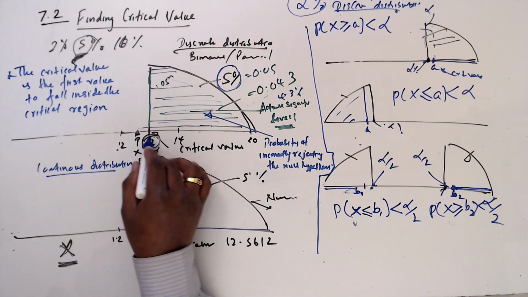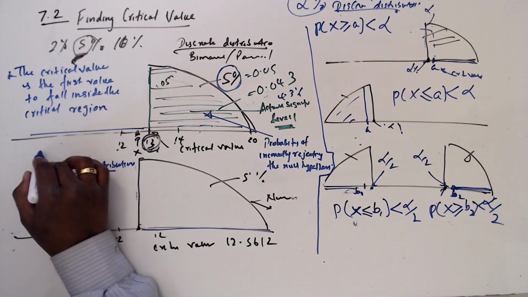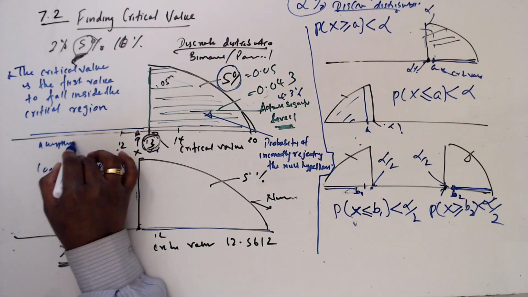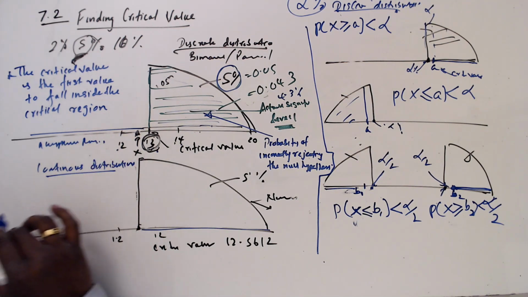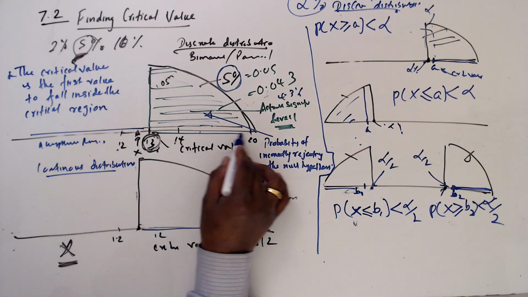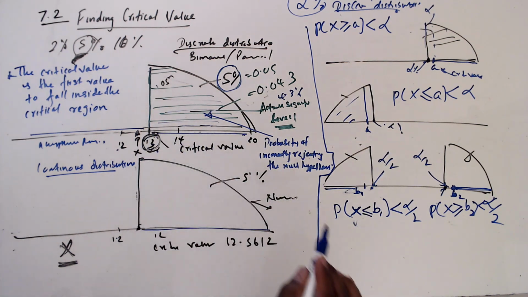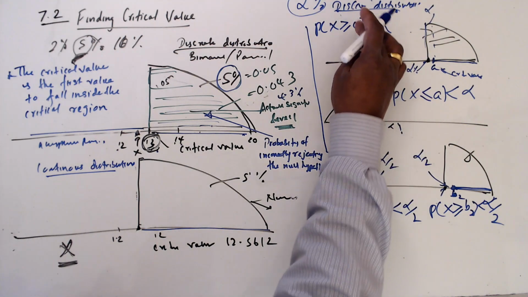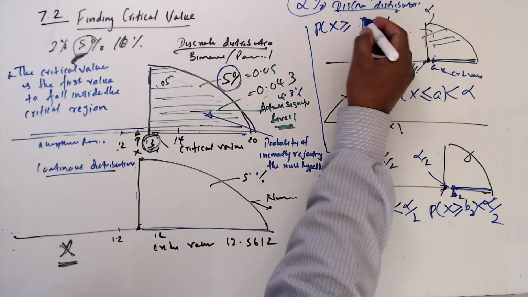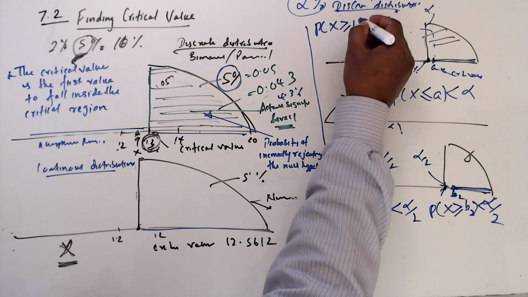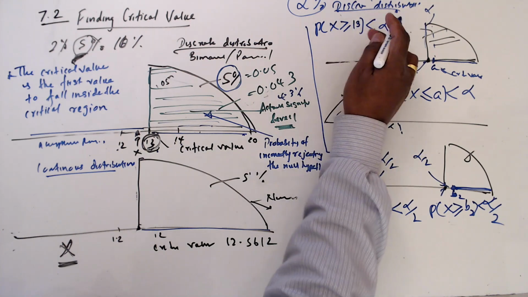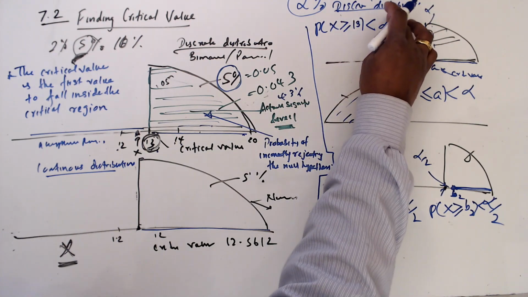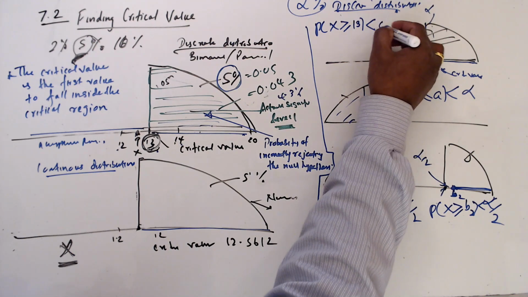Now this is going to be the acceptance region, and this is the critical region or rejection region. If I apply to here, this is how we write the rejection region, probability of x greater than or equal to 13 less than 0.05.